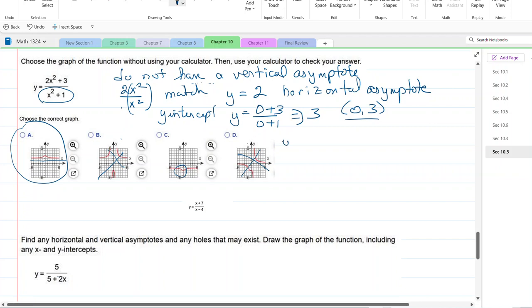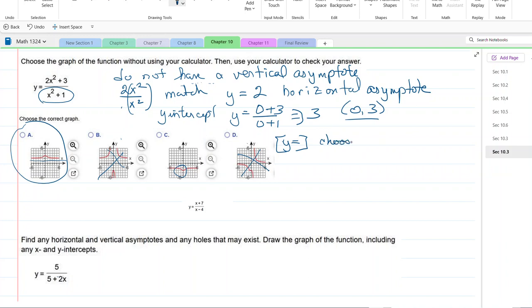So we're going to go under y equals, choose y1, and then we're going to enter, and this is what we're going to enter, parenthesis, 2x squared plus 3, close parenthesis, divided by, open parenthesis, x squared plus 1, close parenthesis. All right.